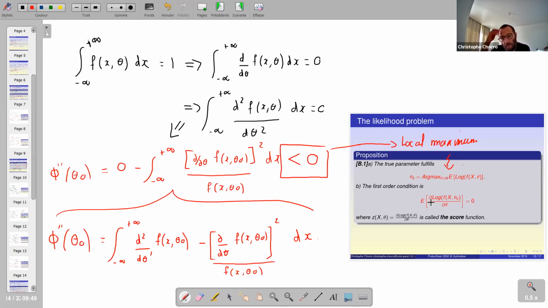And now the idea is, using this proposition, to approximate theta 0. So theta 0 is obtained as the maximum of some function.